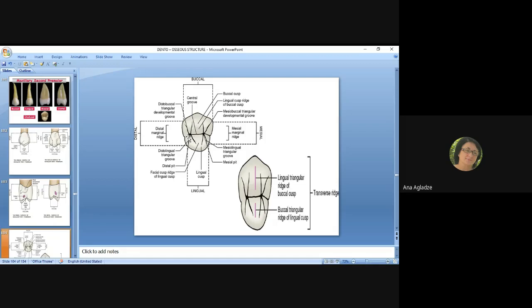You can see the central groove, the mesiobuccal triangular developmental groove, the mesiolingual triangular groove, and the distobuccal triangular developmental groove and distolingual triangular groove here. You can see the distal pit and mesial pit, and this is the lingual triangular ridge of the buccal cusp, and this is the buccal triangular ridge of the lingual cusp.